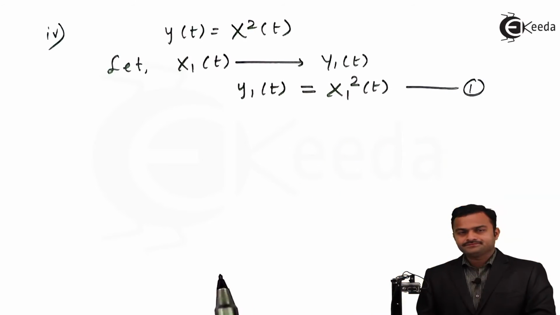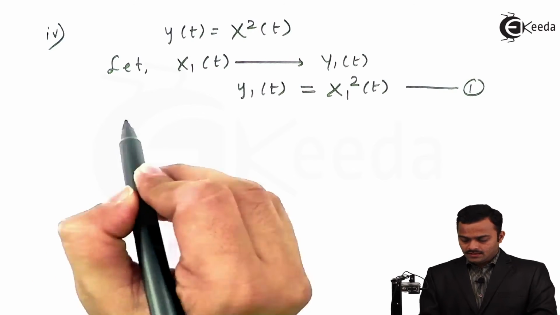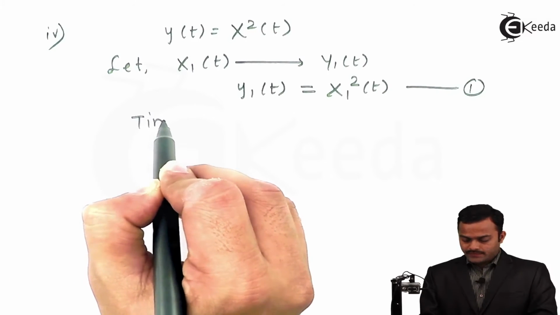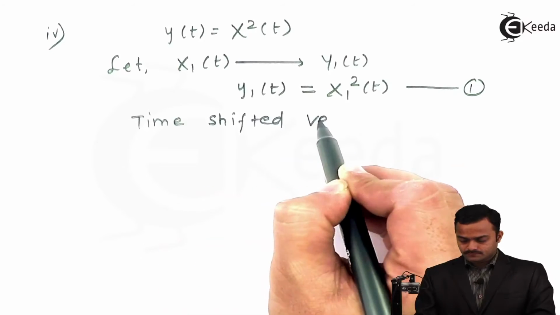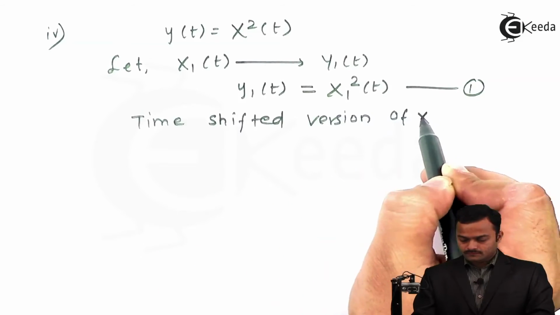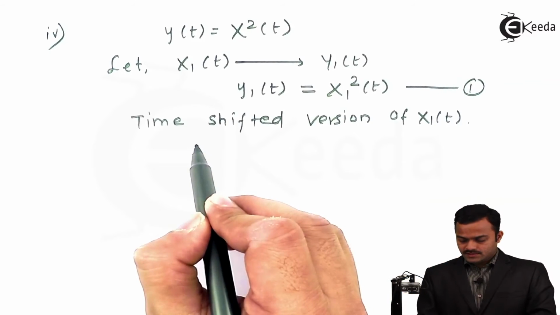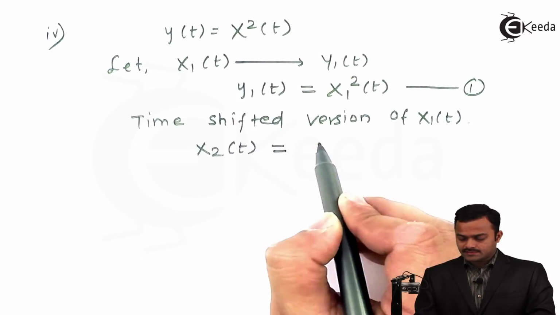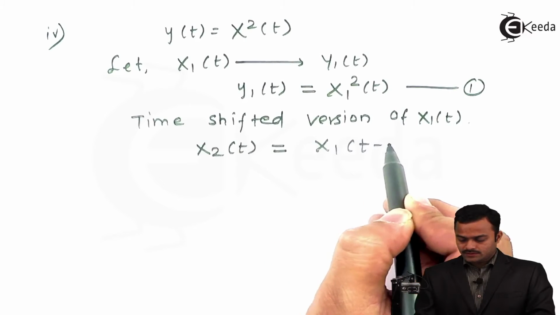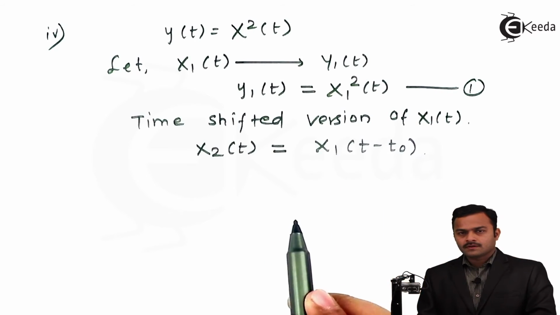This is equation number 1. Now we apply a time shifted version of the input, x2t, which I can represent as x1 of t minus t0.